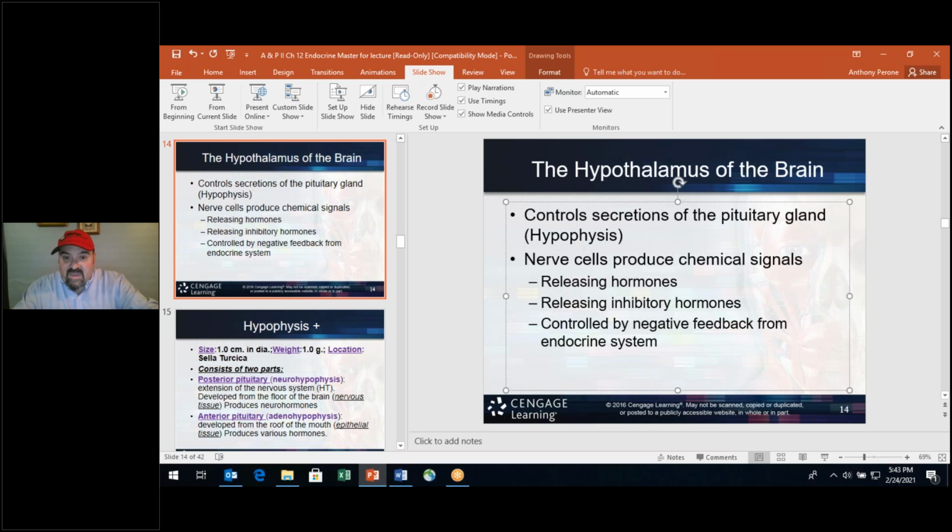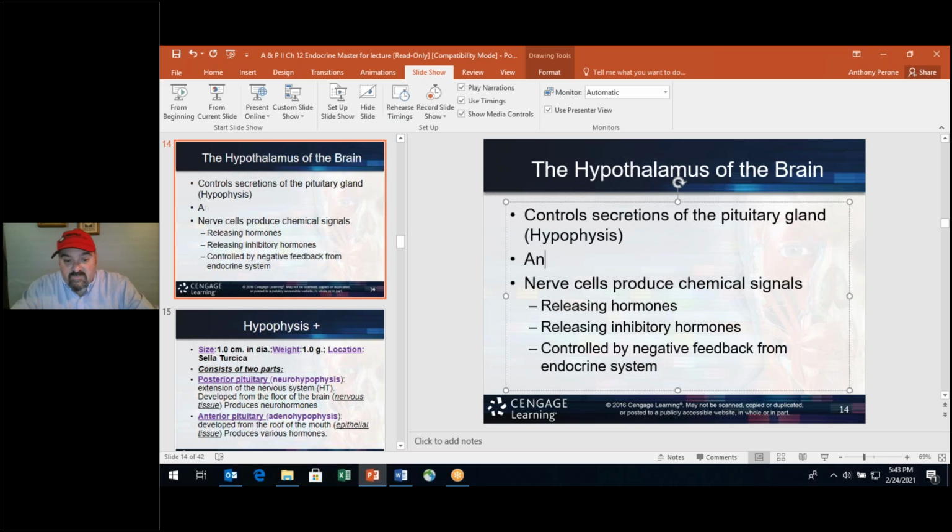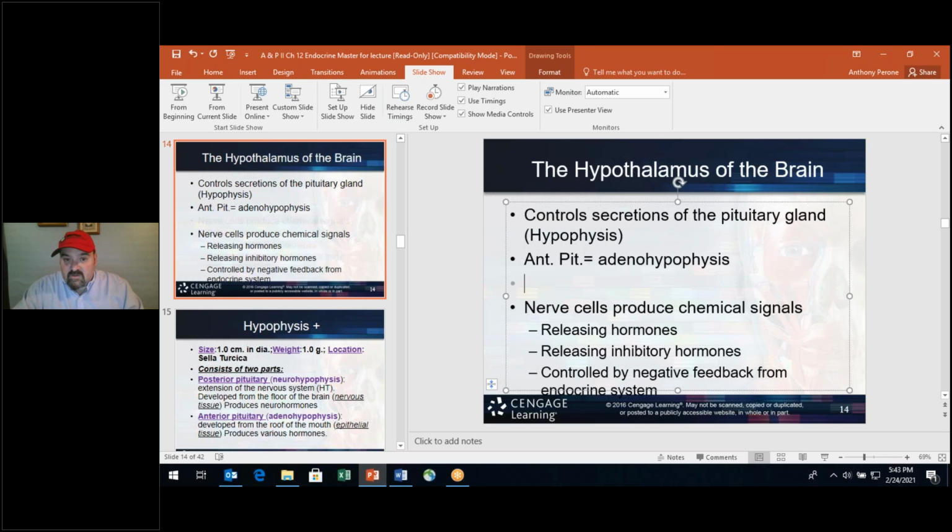And then we know that we have the anterior pituitary, which is the adenohypophysis, and the posterior pituitary, which is the neurohypophysis.